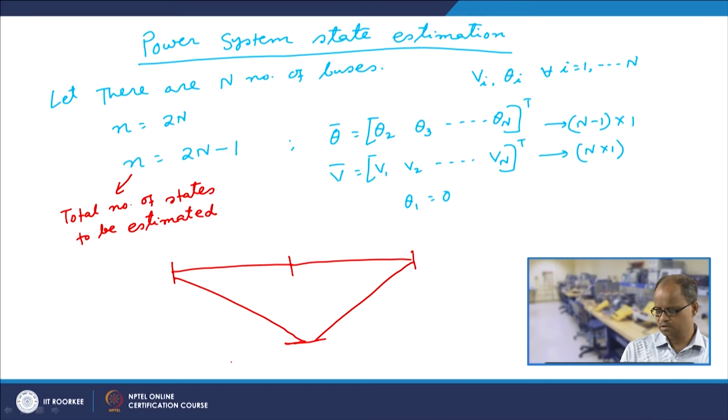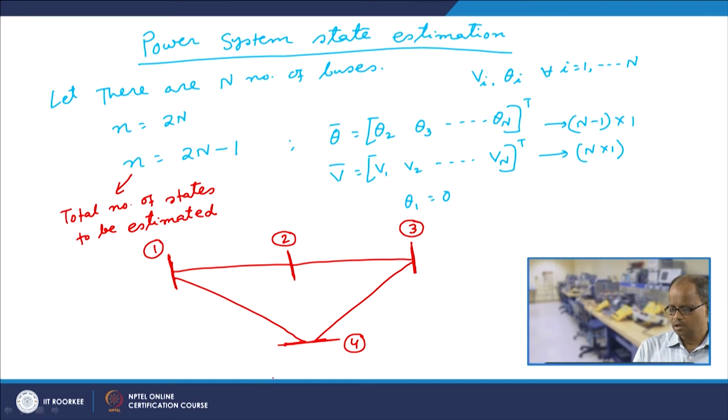These are all buses: bus 1, bus 2, bus 3, bus 4. As far as measurement is concerned, we can measure, let us say, P12, Q12. We can also measure, let us say, P14, Q14.